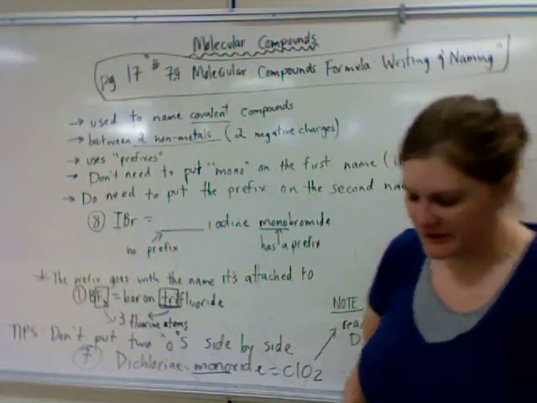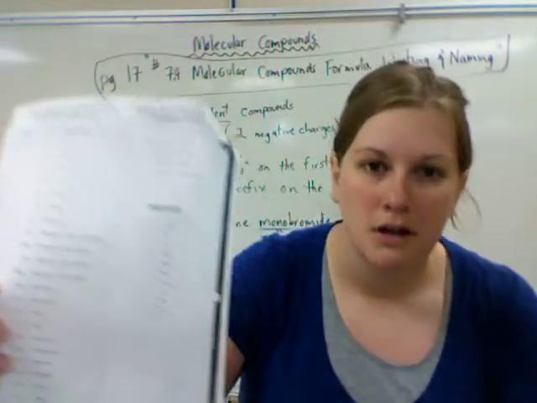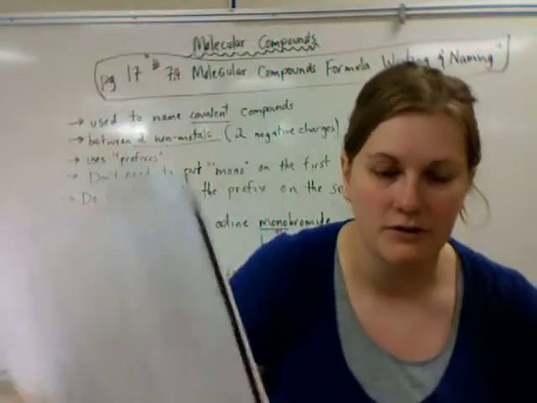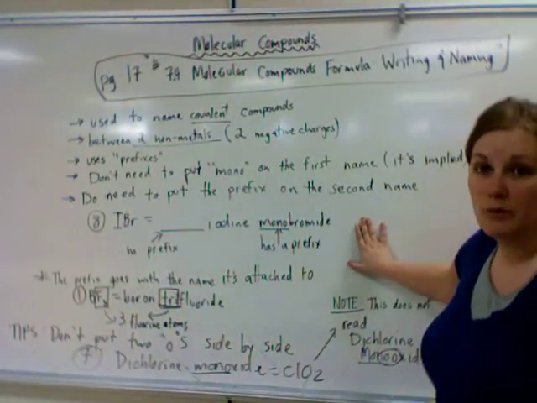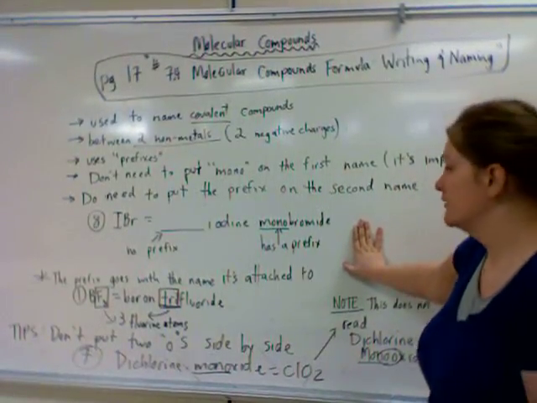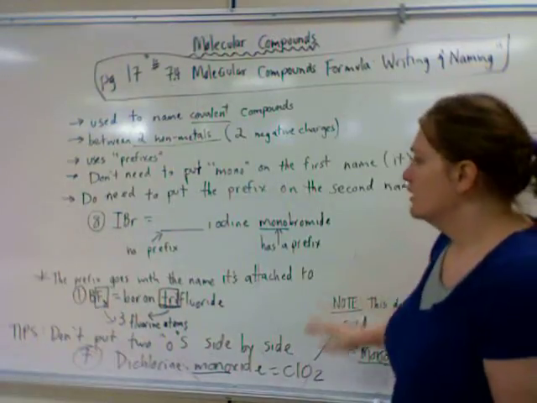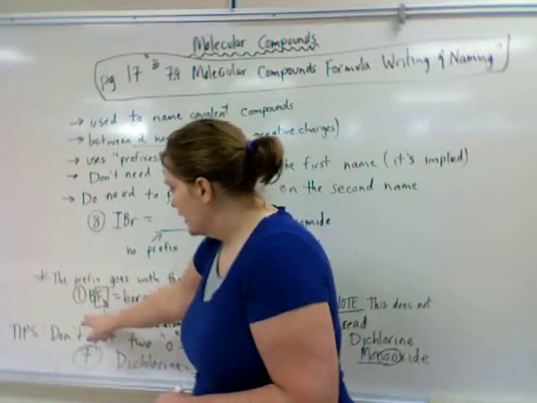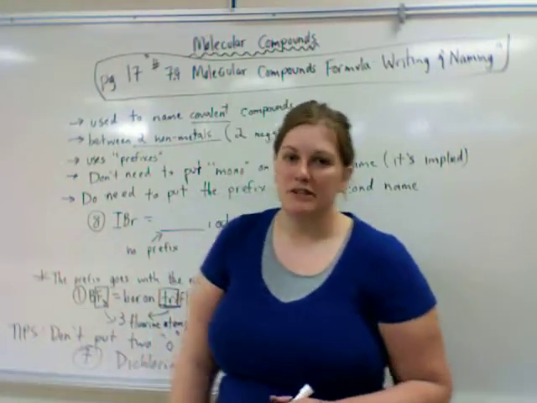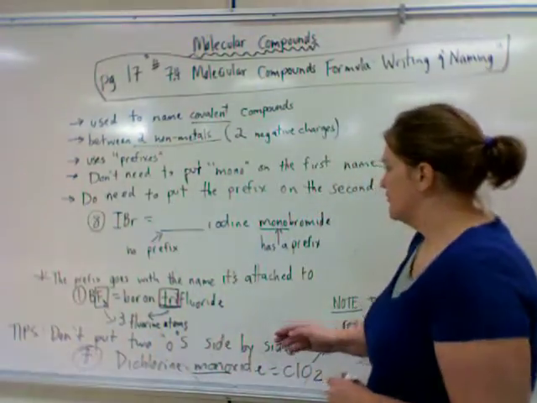And we use prefixes, and those prefixes can be found in here, right beside your polyatomic ions that you used before. So you have a list of prefixes to tell you what the numbers mean. Every time, we just have to identify how much of each there is using the prefixes.